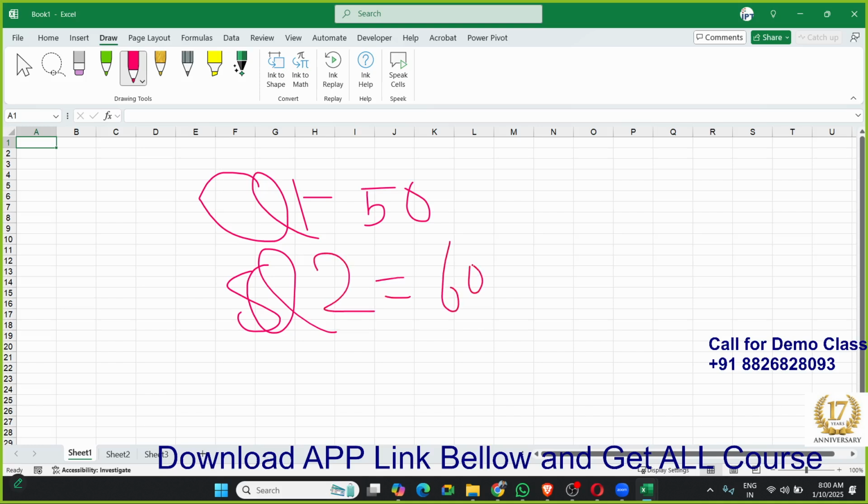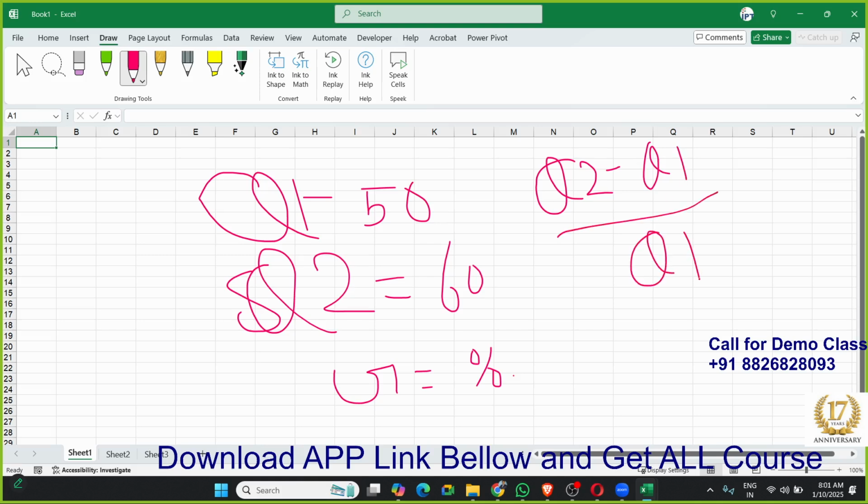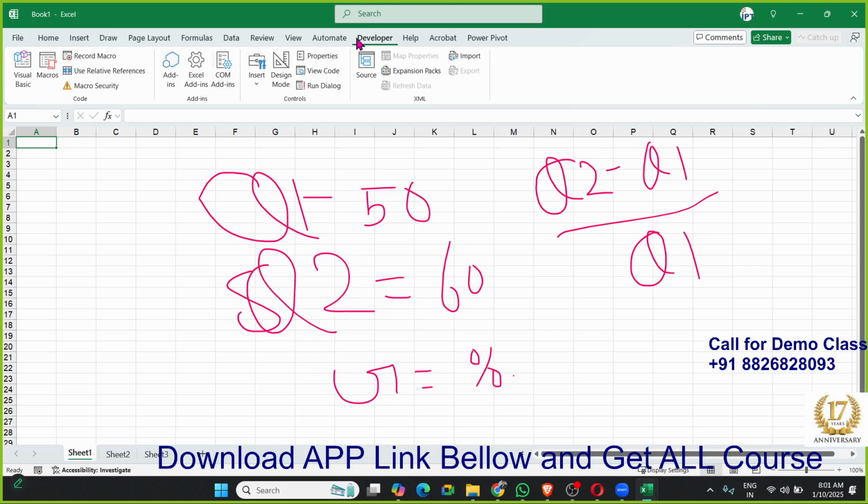So in quarter two, how many percent growth do we have? The mathematical formula says: latest, which means quarter two, minus quarter one, the oldest, divided by the oldest. So I want to calculate this equation in the VBA program.